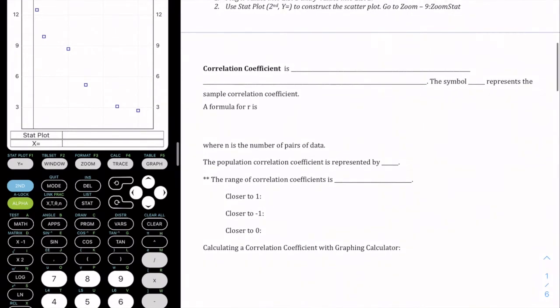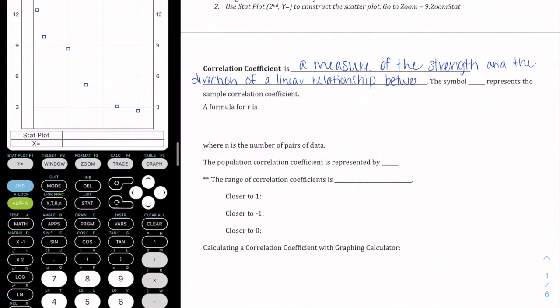And a correlation coefficient is a measure of the strength and the direction of a linear relationship between two variables.